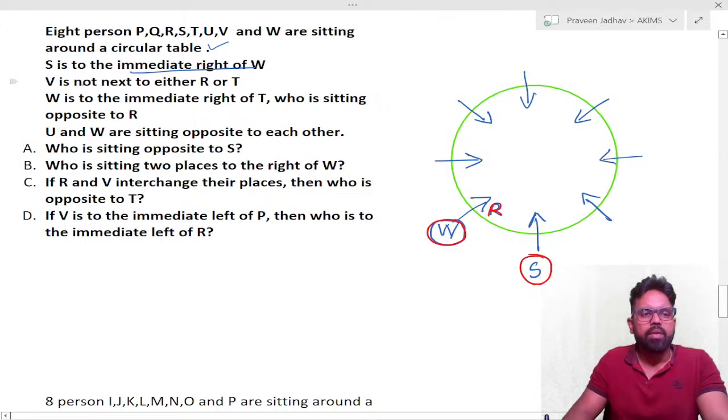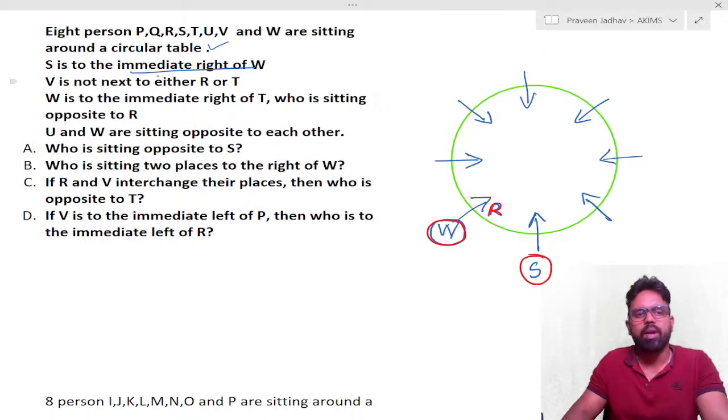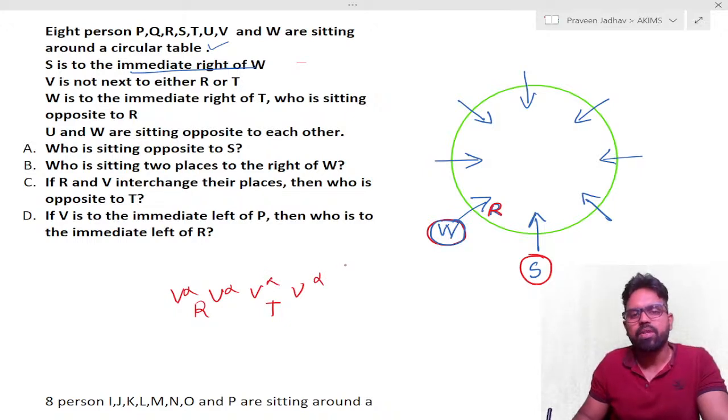Okay. V is not next to either R or T, he says. So V won't come next to R or T. Do we know anything about the position of V or R or T? No, not yet. Okay.